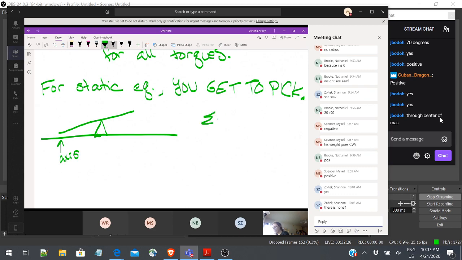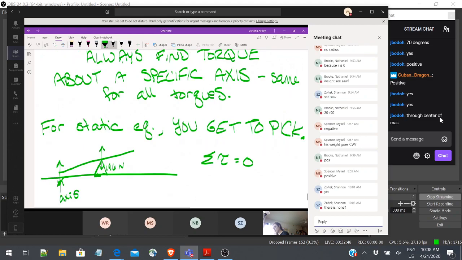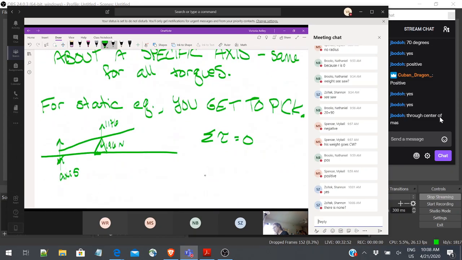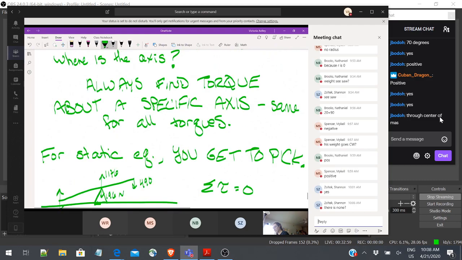The net torque about that axis also has to be zero. So our forces, the weight and the normal at this end, both have no torque. We would have torque from the weight of our seesaw and our normal force, which we found was 1176. And then we had our 490 out here.